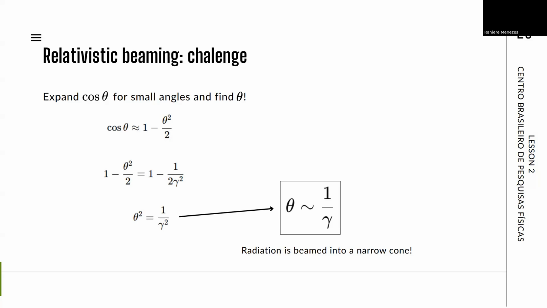And then we just equate these two terms, and we find that theta, the opening angle in the ultra-relativistic case, is simply 1 over gamma. Finally, we got to the opening angle of the synchrotron emission, that I showed you a few slides before.